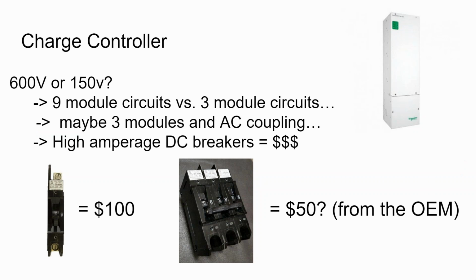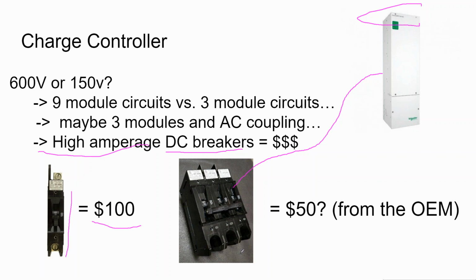And that means the charge controllers, before they go into the battery bank, are going to have to land on a high amperage DC breaker. Well, Schneider sells one high amperage DC breaker for $100.